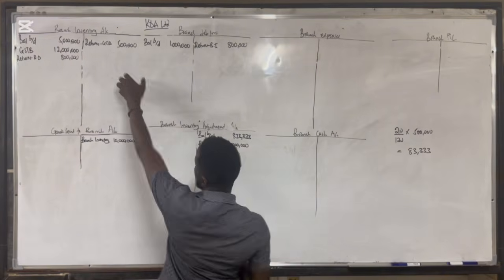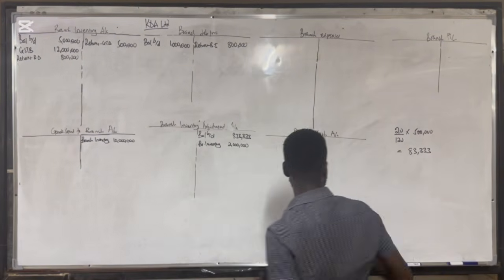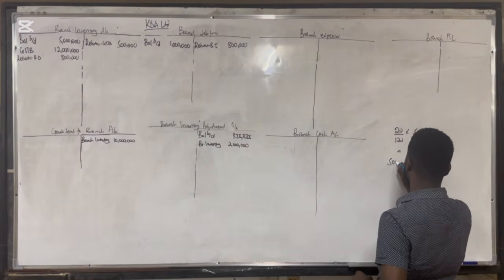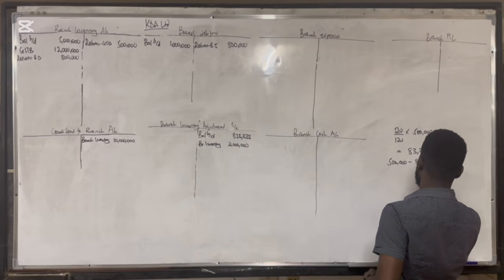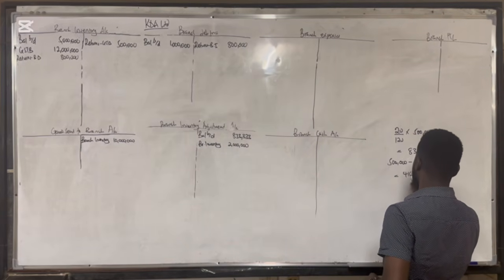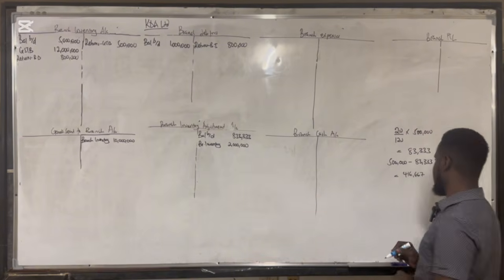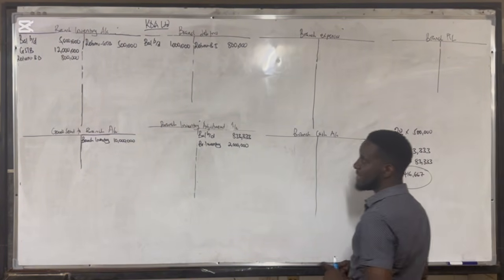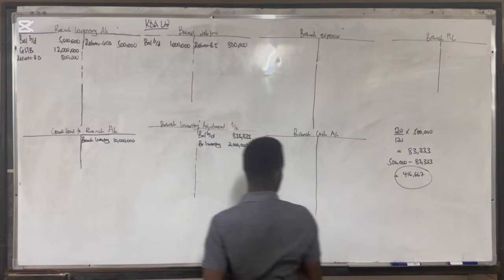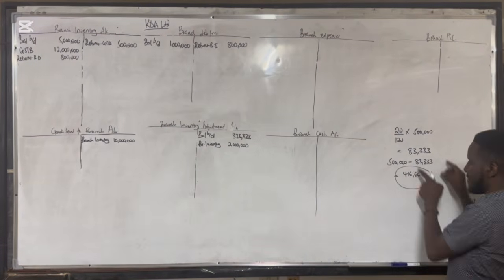So the profit component out of the returns is 83,333. Then once I get 500,000 minus 83,333, I'm going to get 416,667. So meaning that this amount here is the cost element of the 500,000, and then 83,333 is the profit element.